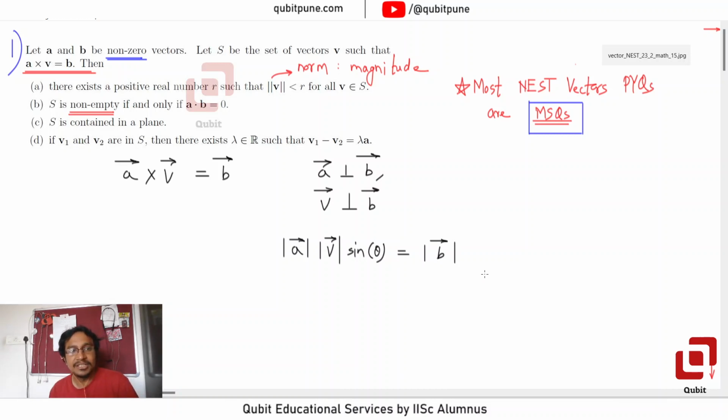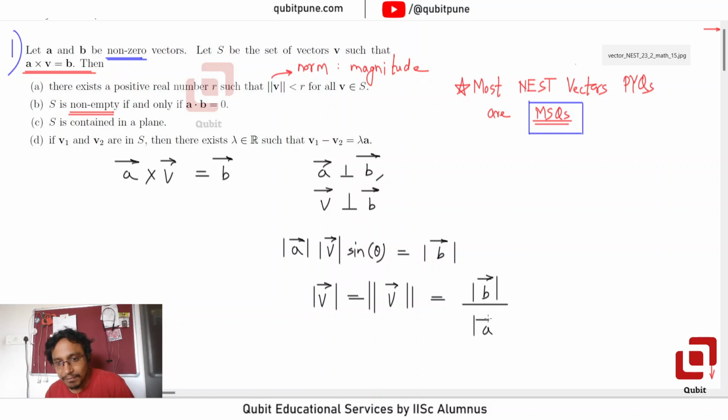Option A is concerned with the magnitude of V bar. So let's go to the magnitude of V bar, which according to their notation is norm V bar. What will that be? Magnitude of B bar upon magnitude of A bar into cosec theta. Now, what can be said about option A, considering that we have got cosec theta here on the right side?